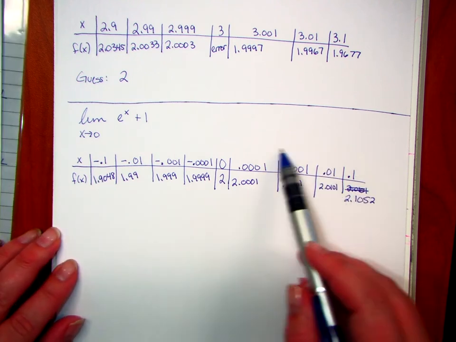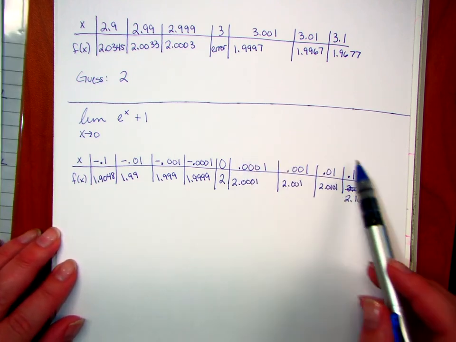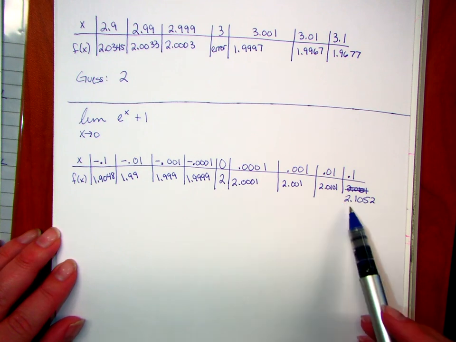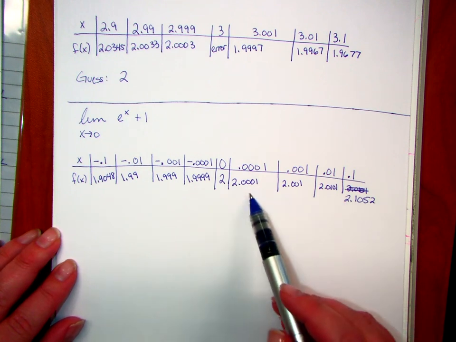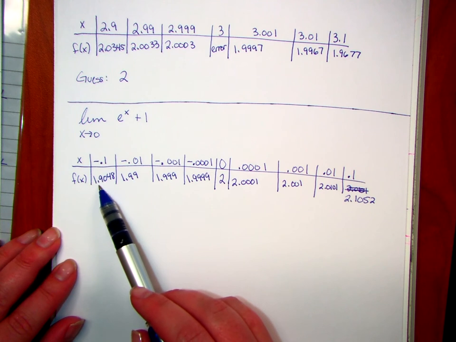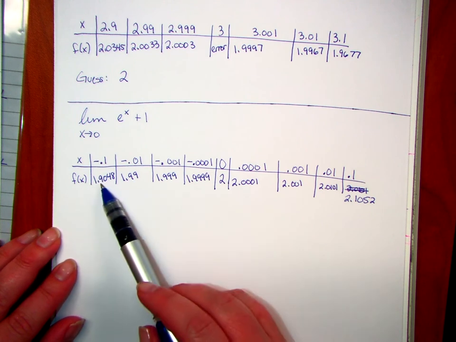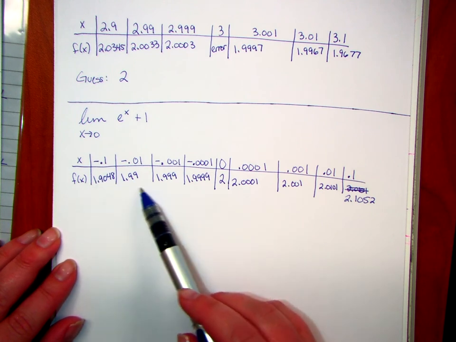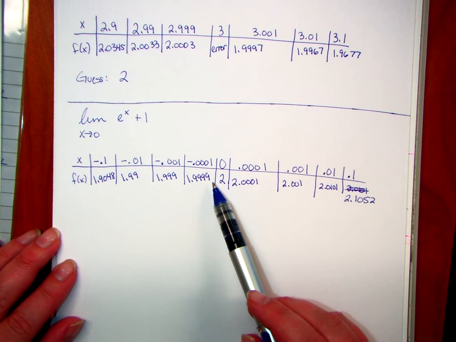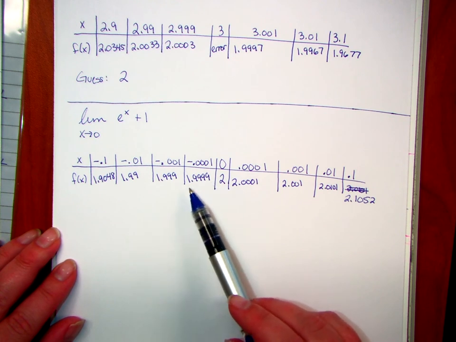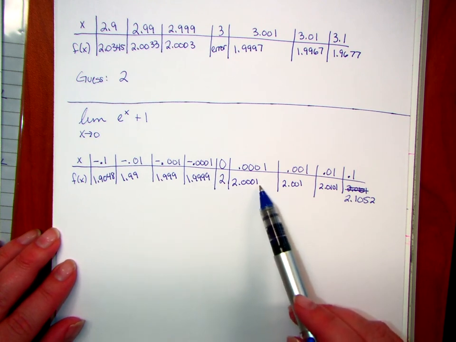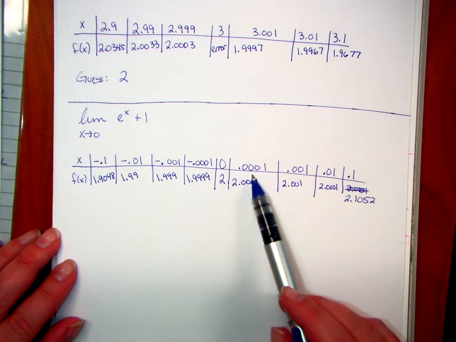So on the greater than side, when we pick values greater than 0, plug them in, we're decreasing to 2, right? We start at 2.1 and then we slowly decrease to 2. If we pick values less than 0, we're increasing to 2. We start at 1.9048 and then we just started adding 9s, right? So 1.9999, I think it's a reasonable guess that this is approaching 2. 2.0001, I think it's reasonable to round this to 2.